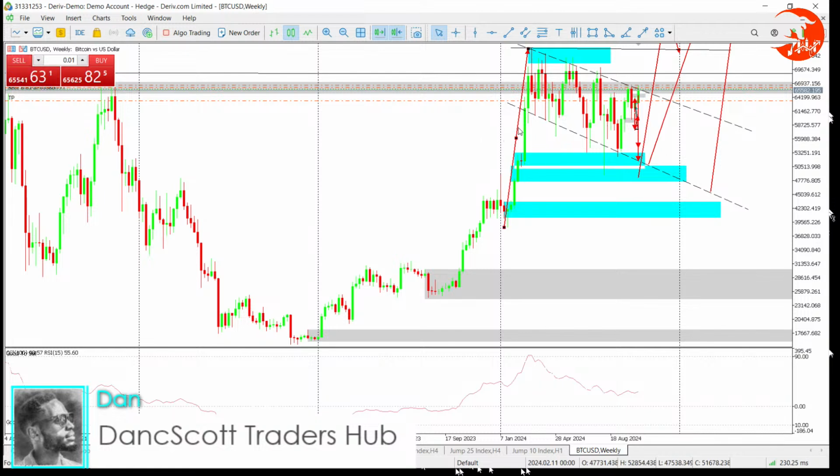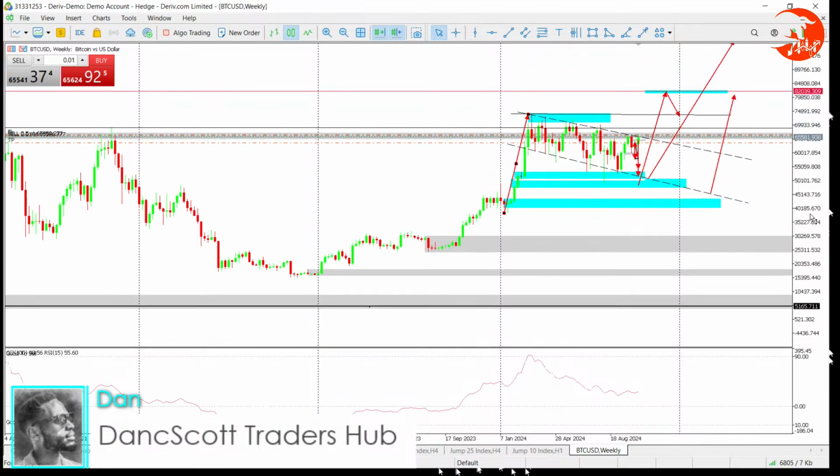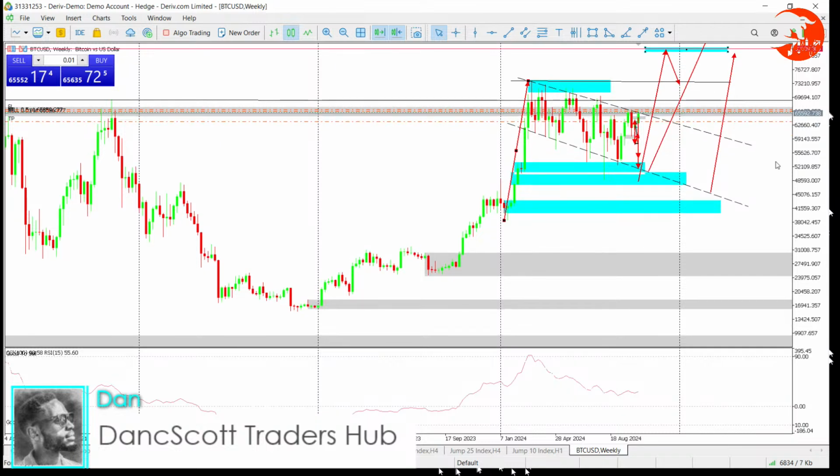This exact move that brought us to that consolidation is the exact move that will put us around that level there, and that level will be 80k of BTC. Each Bitcoin will be worth 80k when it gets to that level.